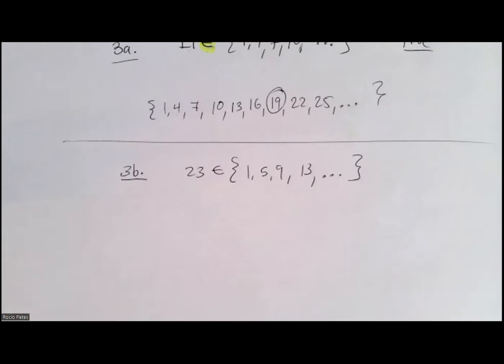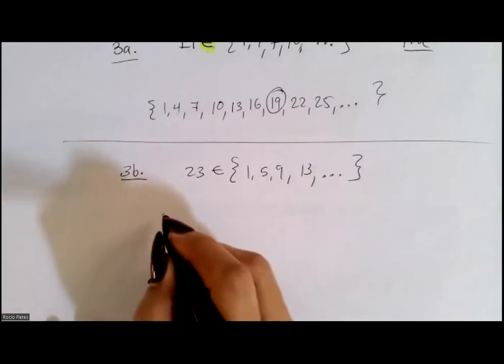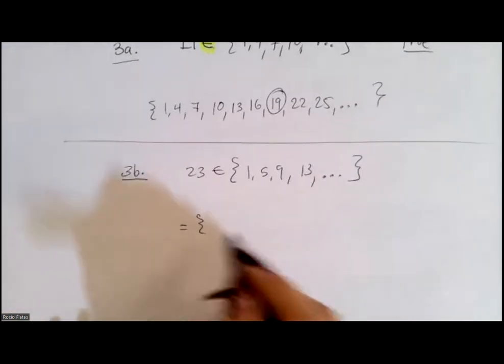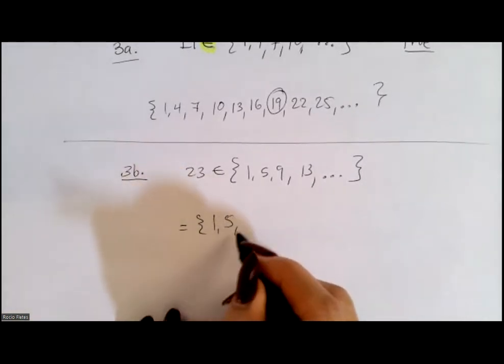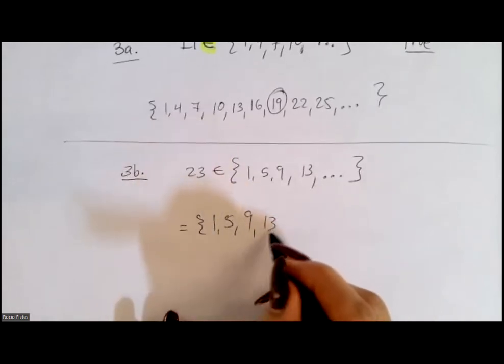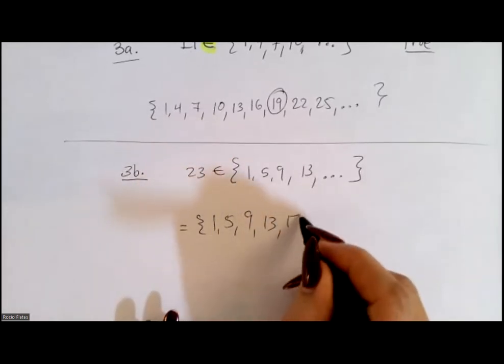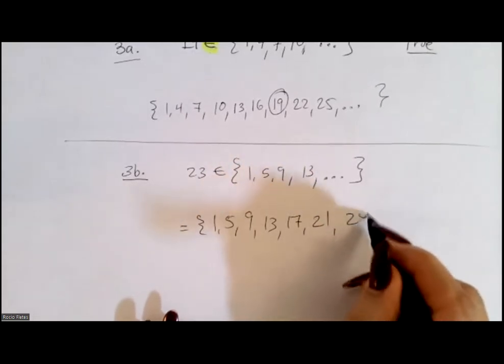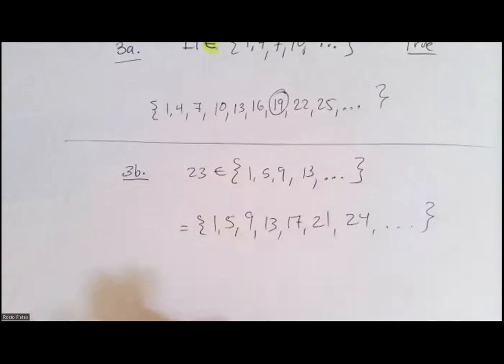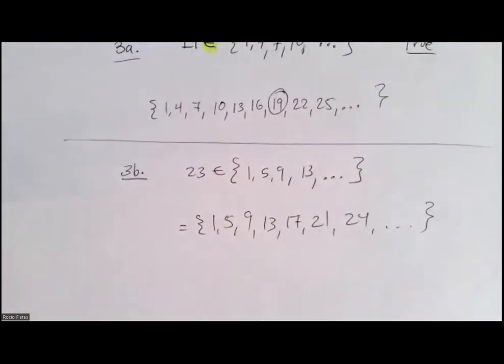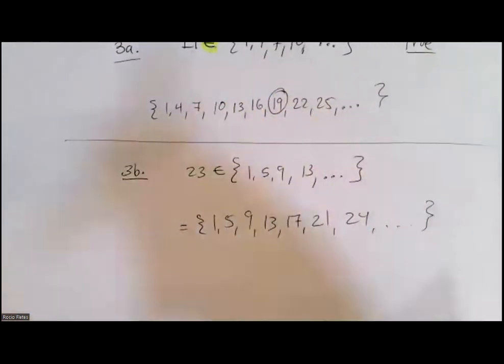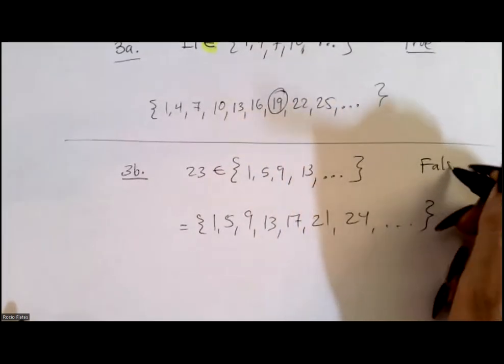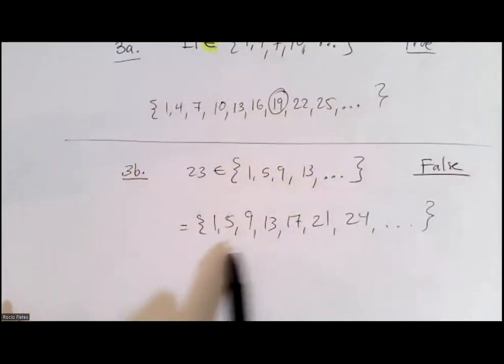So we're adding 4 every time, right? So then the set is 1, 5, 9, 13, 17, 21, 25, and so on. So notice that 23 doesn't make it, right? So this is false, because 23 does not belong to the set.